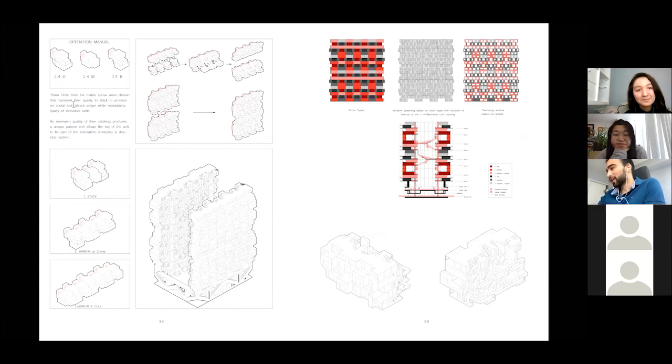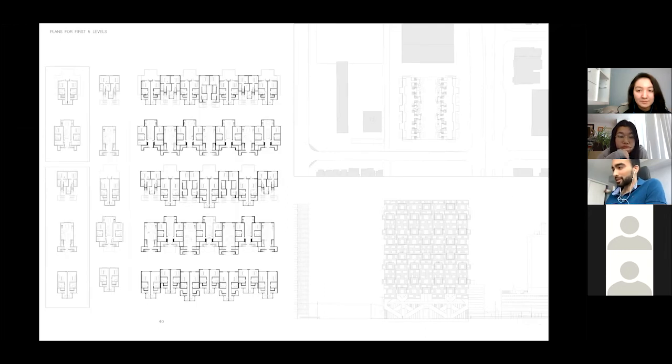Her research was about shape grammar, and I was talking about how this goes from simplicity to complexity. I was like, oh, this relates to shape grammar. You can have these simple modules, stack them together, and create this complex architectural language. I was just lucky that it related to it.